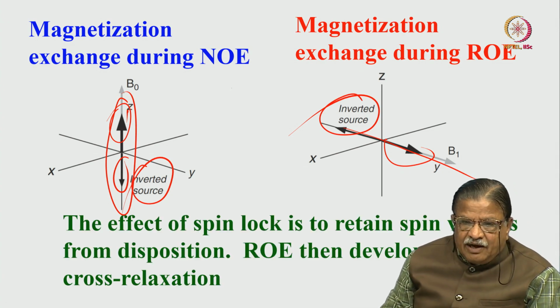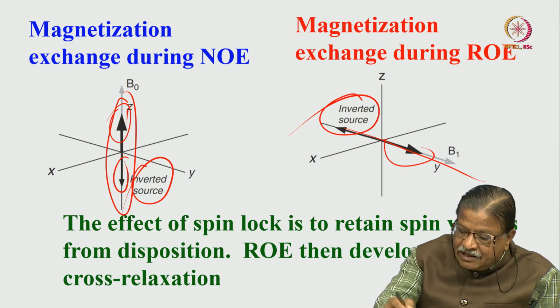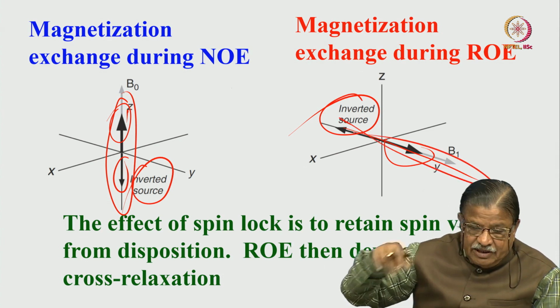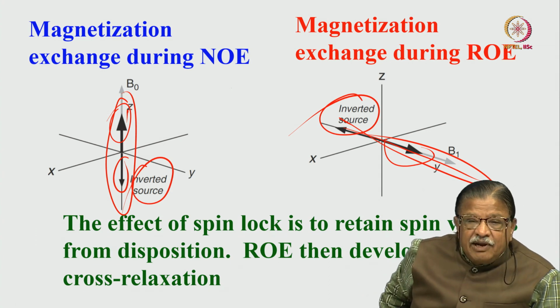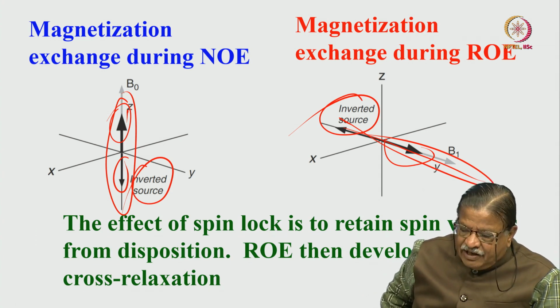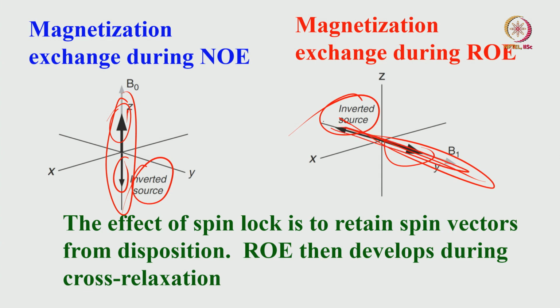The effect of spin lock is to retain the spins. I will show you the pulse sequence in the next one. There is a spin lock pulse in ROE. The effect of spin lock is to retain the spin vector so that it won't get dispersed, so that ROE develops only during this time due to cross relaxation. If you don't spin lock it, then the vectors may start moving away.